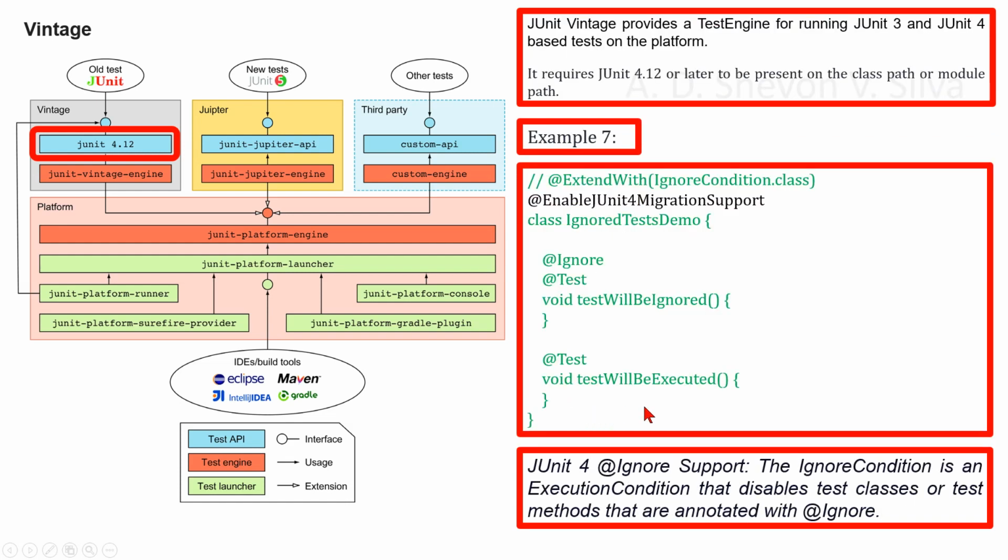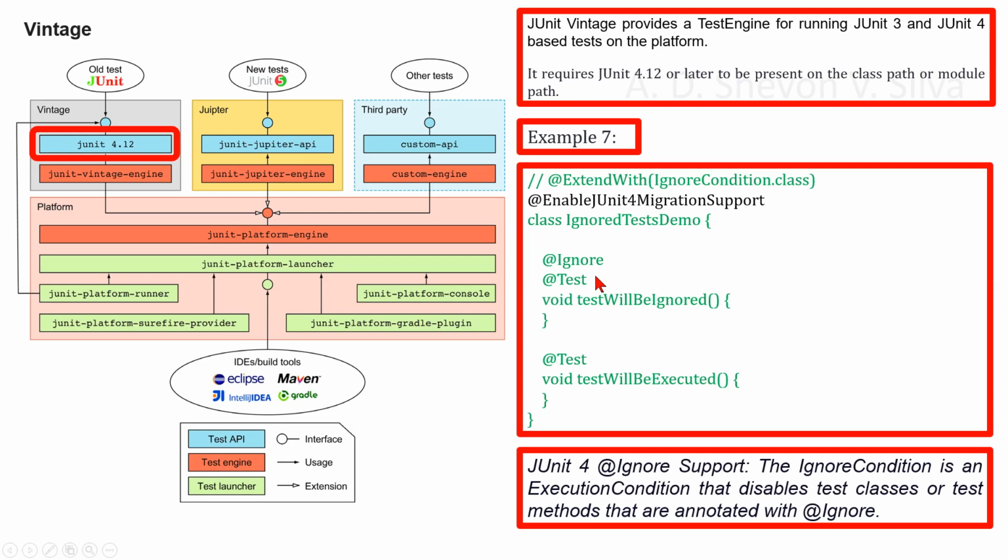Now we are considering JUnit 4 @Ignore support. The IgnoreCondition is an execution condition that disables test classes or test methods that are annotated with @Ignore. In order to provide a smooth migration path from JUnit 4 to JUnit Jupiter, the JUnit Jupiter migration support module provides support for JUnit 4's @Ignore annotation, analogous to Jupiter's @Disabled annotation.